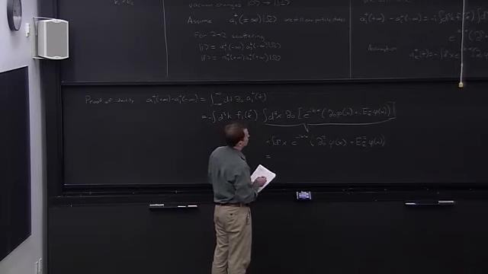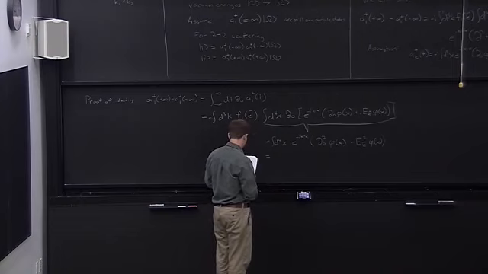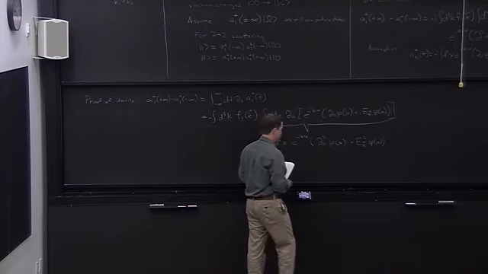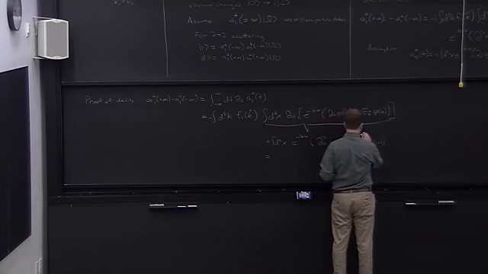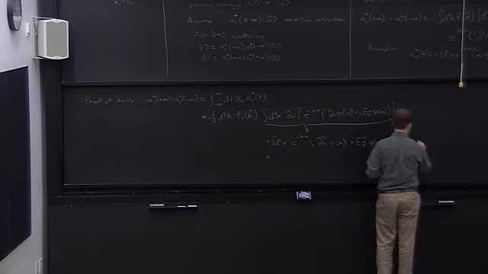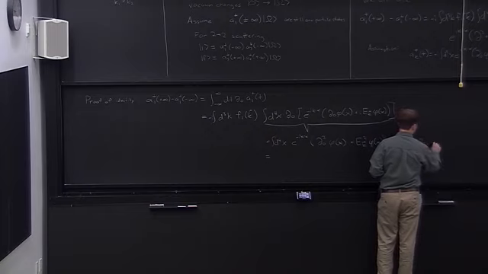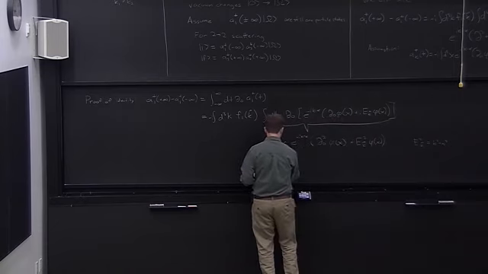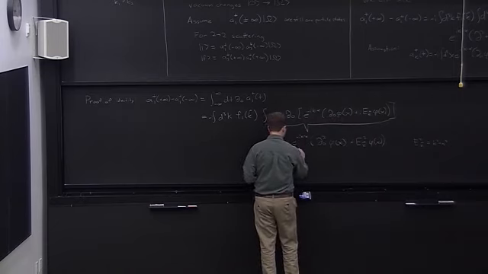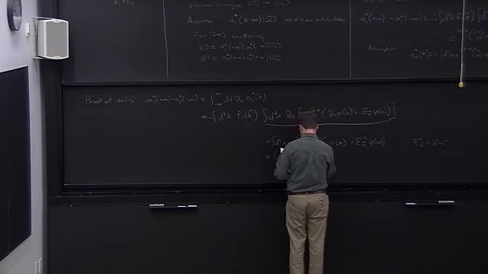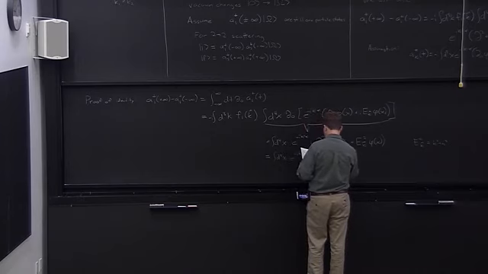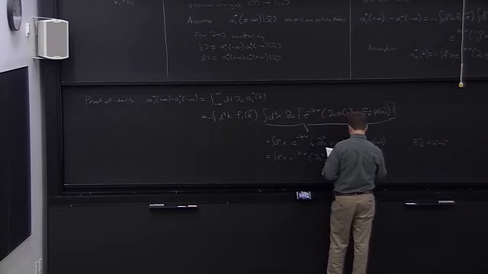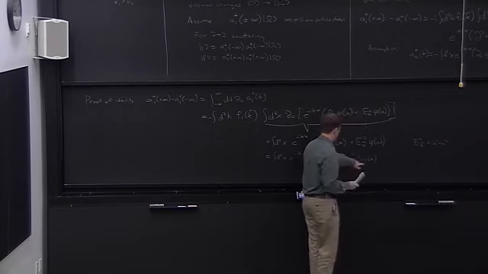It's starting to look like our useful identity. We can write, remember, E_k is k squared plus m squared. So we can write this as d0 squared minus gradient squared plus m squared acting on phi of x.